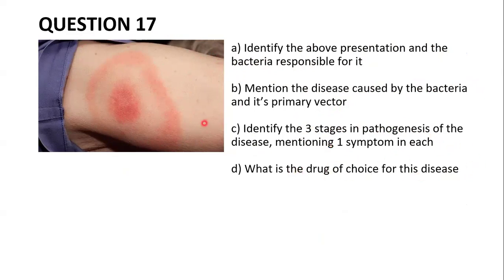So remember, when we were talking about the zoonotic diseases, can you remember? Before we even get into this, what did we say about the zoonotic diseases, the zoonotic bacteria? What drug of choice is used?